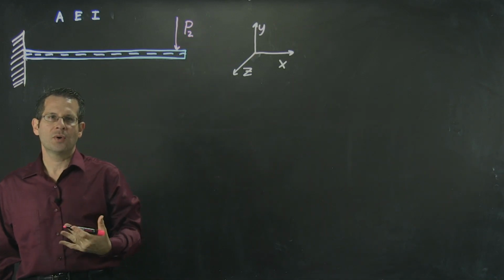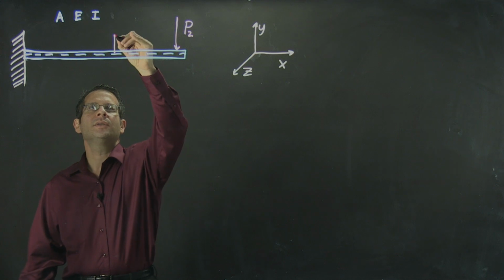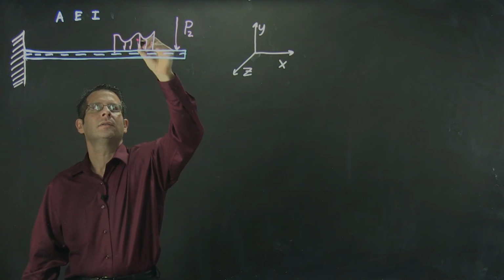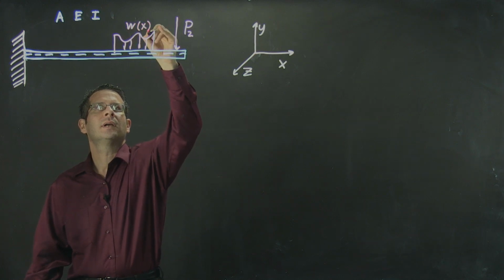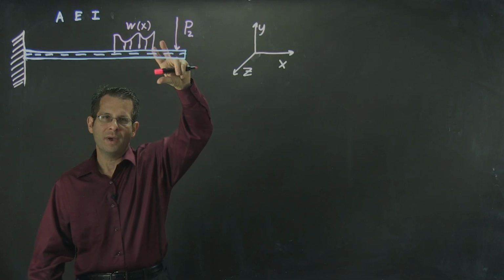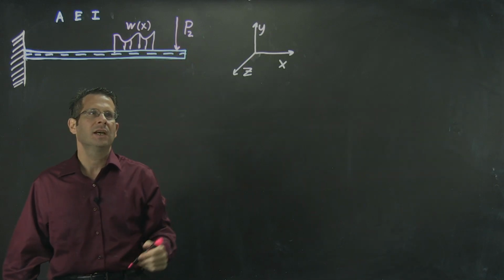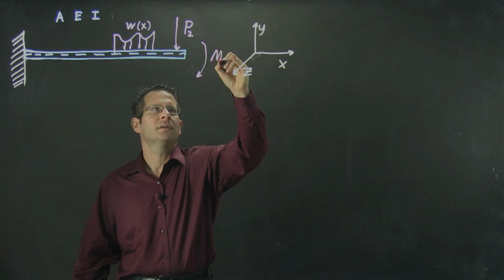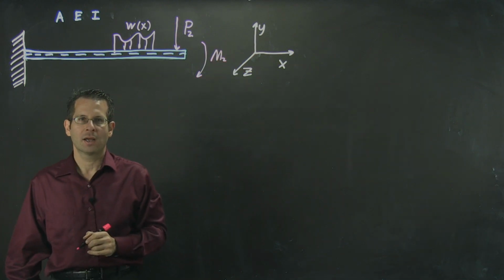I can also apply distributed loads. And now that I'm applying forces and there will be bending in the y direction, I can also apply external moments to my beam element.